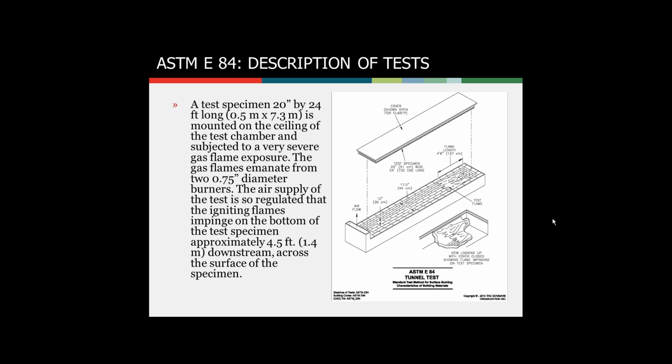Another question is, when would you use method 2 versus method 1 for NFPA 701? Test method 1 usually applies to fabrics like curtains and draperies, other window treatments, and it's usually used for fabrics that are less than or equal to 21 ounces per square yard.